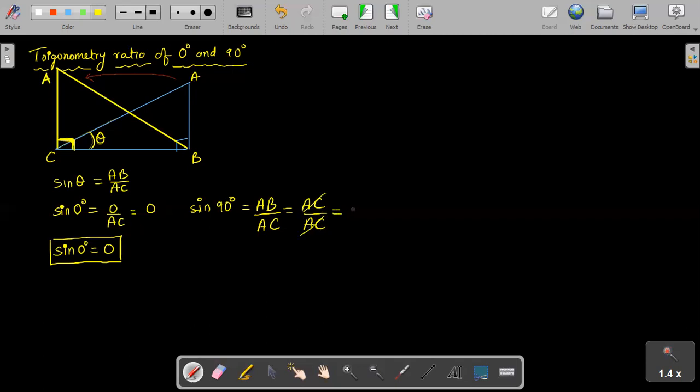So when they cancel you will get 1. That is the reason we get 1. Okay, so this is another ratio, sin 90 degree equals 1.